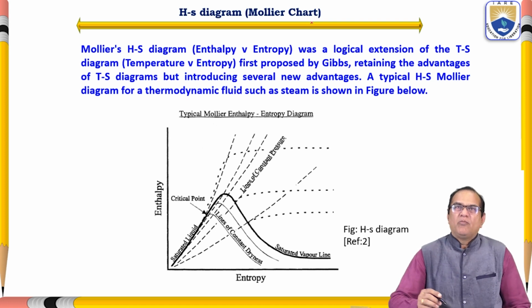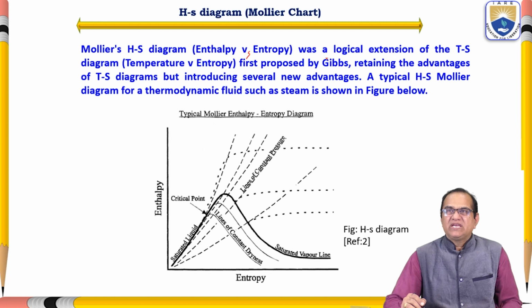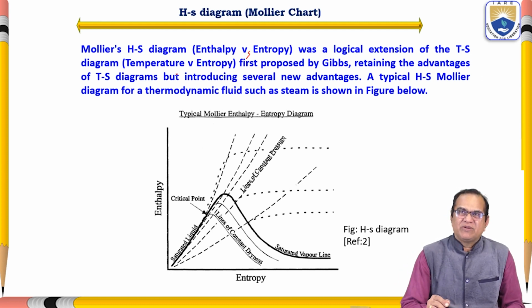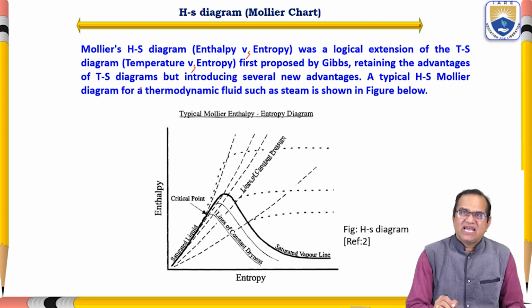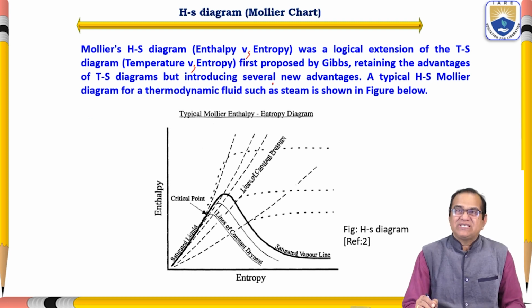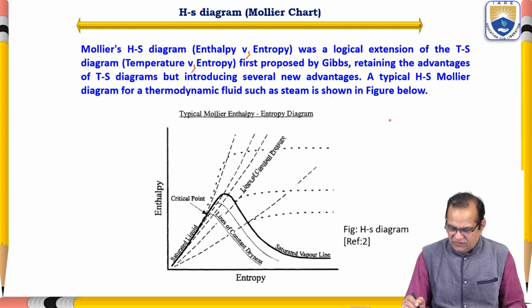So the Mollier or HS diagram, enthalpy versus entropy, was a logical extension of the TS diagram, that is a temperature versus entropy diagram, first proposed by Gibbs, retaining the advantages of the TS diagram but introducing several new advantages. A typical HS Mollier diagram for a thermodynamic fluid such as steam is shown in the figure below.